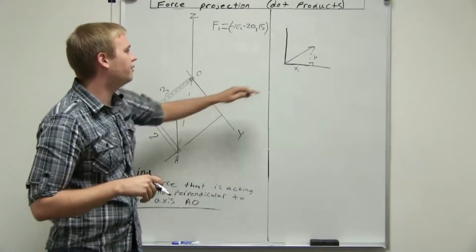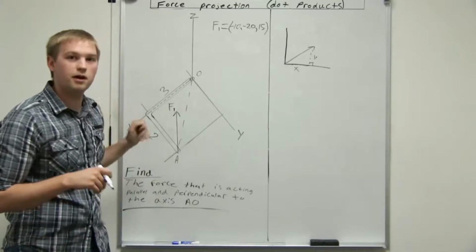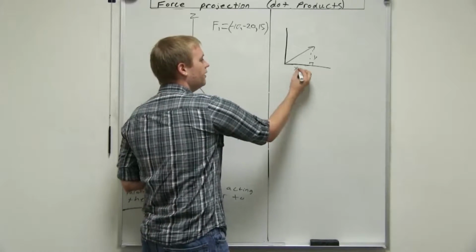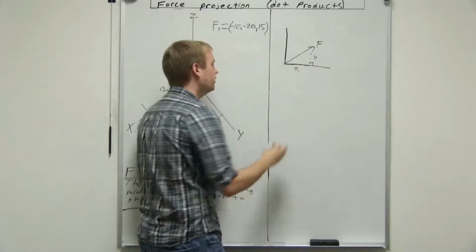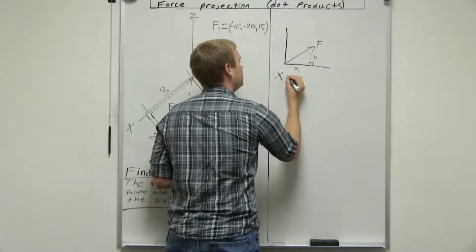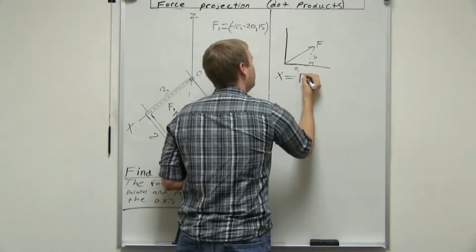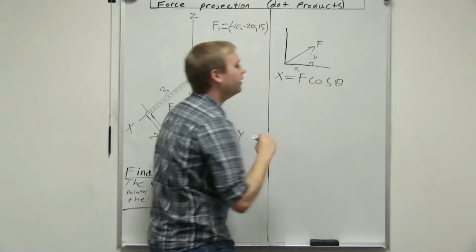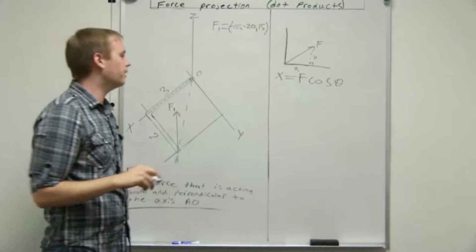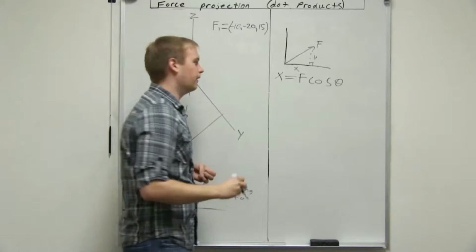So let's look at how this relates to a dot product. If we want to find the x component of this force right here, what we would do is x equals F cosine theta, right? Okay, now let's look at our dot product.